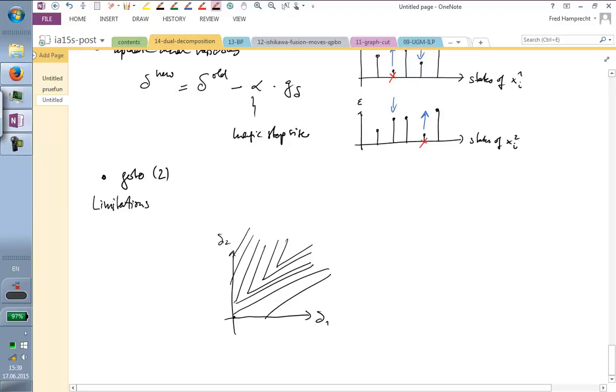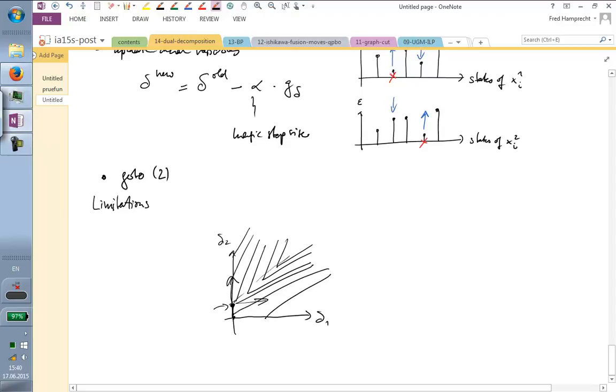I start here. I first walk to this point because I started at 0. So I walk up a little to this point, and now unfortunately my objective increases both with respect to this variable and with respect to that variable. So if I try to optimize with respect to just the one or just the other variable, it looks like I am done already, because I'm sitting just here at this cusp.